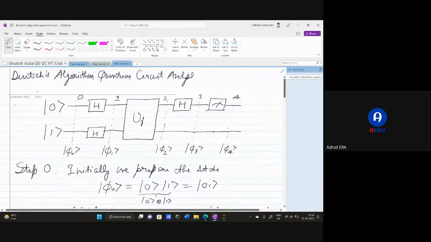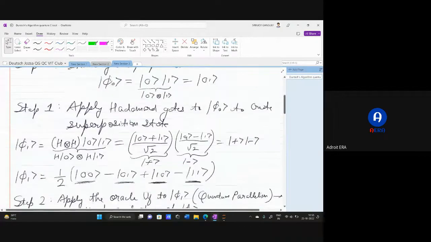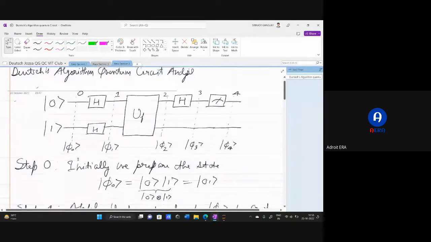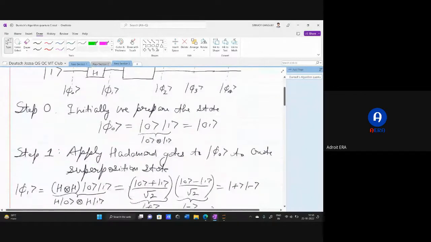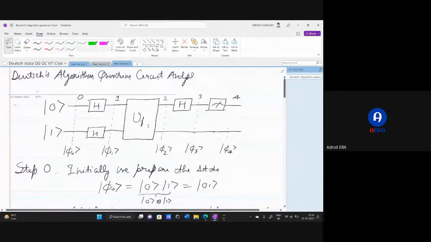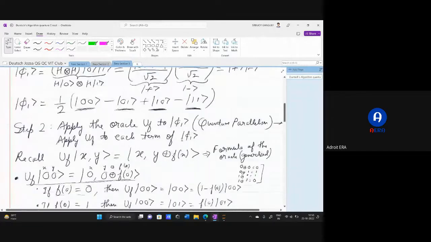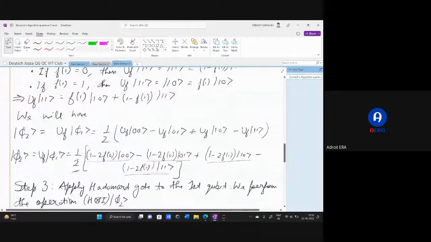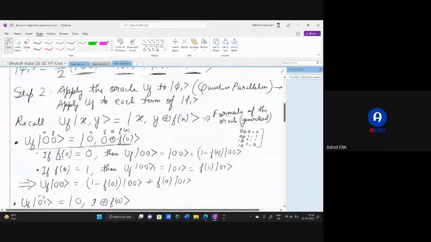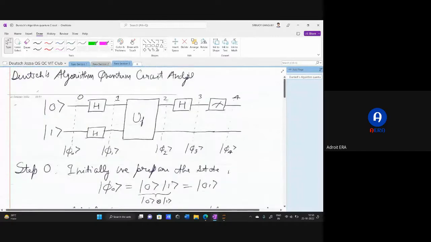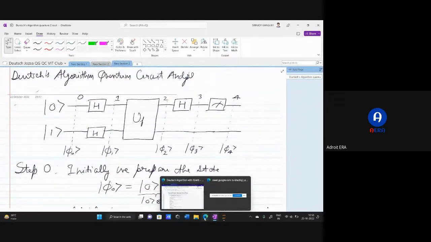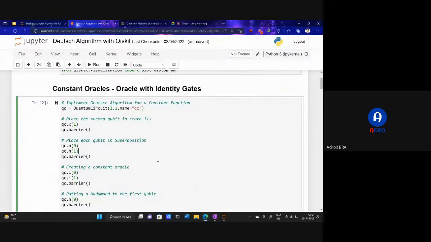And these barriers helped you analyze the circuit result at each step. Step 0 is this, step 1 is this, after applying Hadamard we get this, after applying the oracle in step 2 we get this result, and finally this large state in step 3 and so on. So these barriers help you, and they are also good for representation.